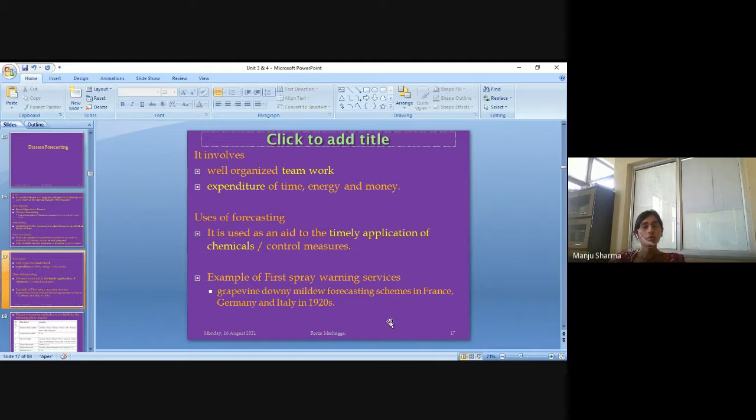Then uses of forecasting. First, it is used as an aid to the timely application of chemical control measures.